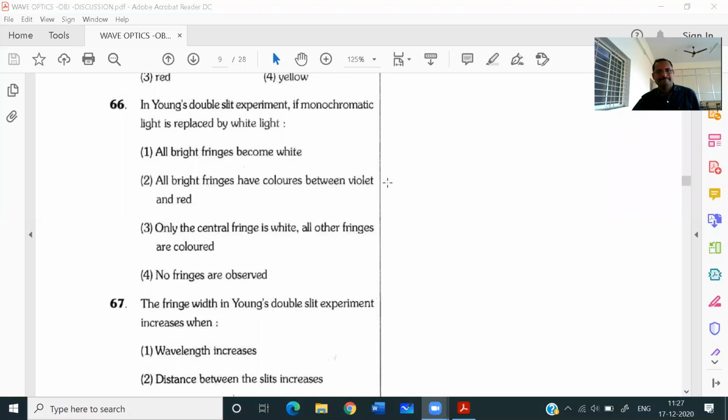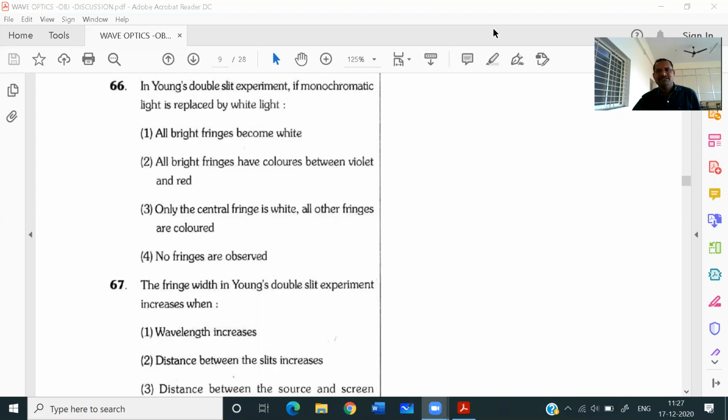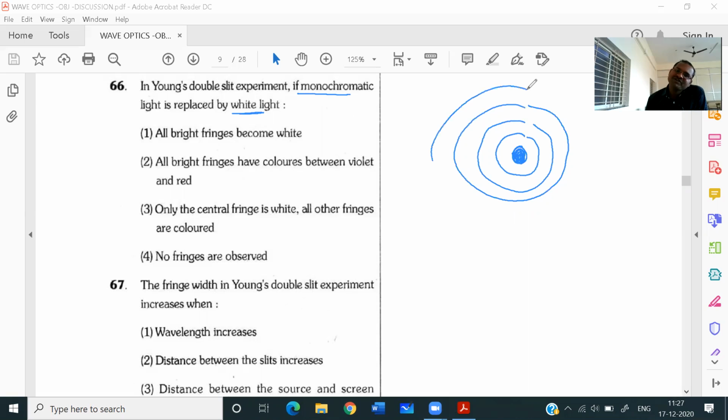Next, question number 66. They are given that in Young's double slit experiment, if monochromatic light is replaced by white light, then what happens? The central fringe will be white in color, and it will be surrounded by the remaining maxima. The first maxima will be blue in color, and the last maxima will be red.